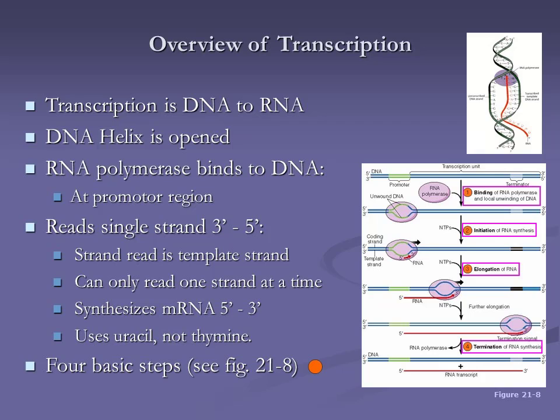So we're going to have the binding, which is dictated by those transcription factors, initiation, which is made possible by ATP, elongation, which is just continuing to produce some, and then termination of the RNA. Those are the four basic steps in our generalized view of what transcription is all about.